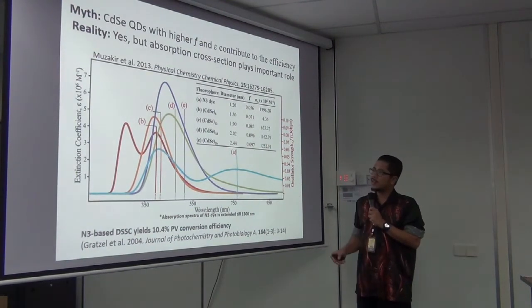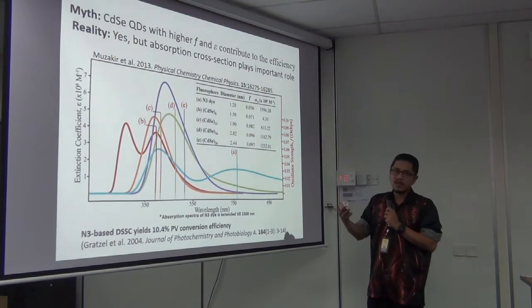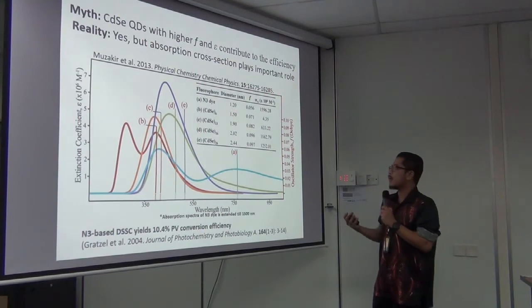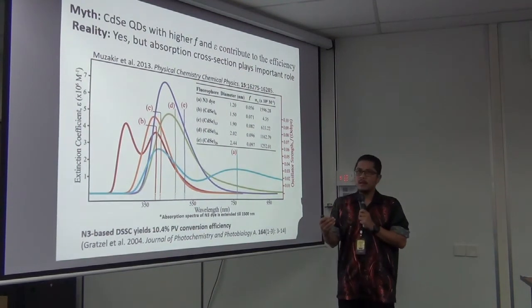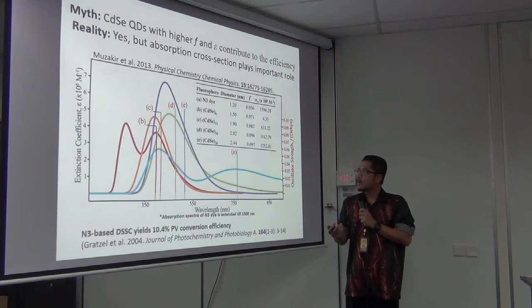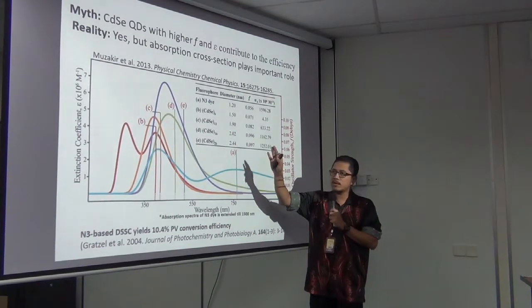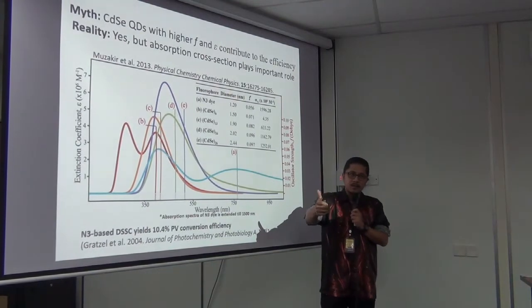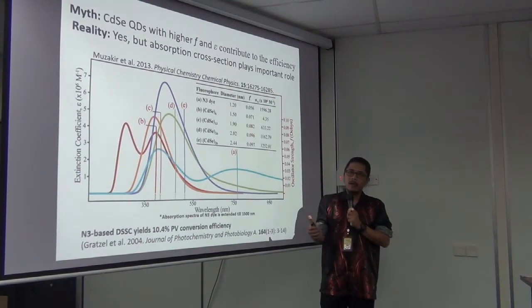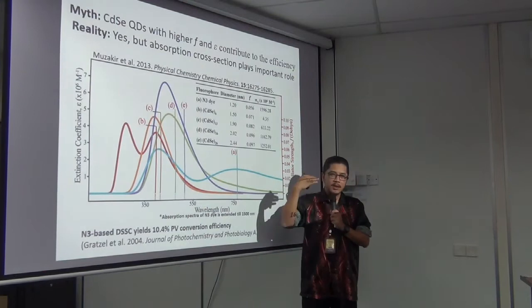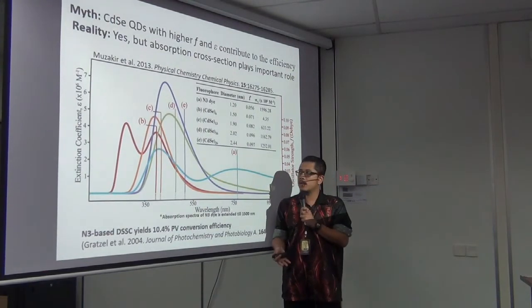These two y-axes cannot tell us the correlation with the inferior properties of QDSC compared to the DSSC. From these two axes, it shows that our quantum dot is the best, but we cannot correlate these two properties with the poor performance of quantum dot solar cell.